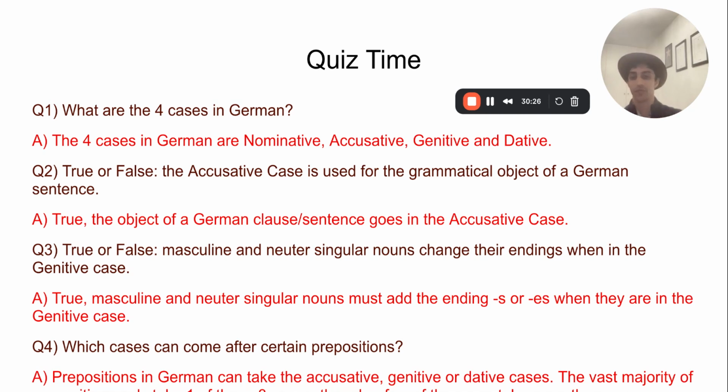So most prepositions would either take the accusative case or the dative case. That simply varies from preposition to preposition. When you're learning each preposition, you must try and learn which case it takes as well. A few prepositions, though, like the preposition in, most famously in German, can take more than one case. So in could take the accusative case or the dative case, and it changes its meaning according to which case it comes after.